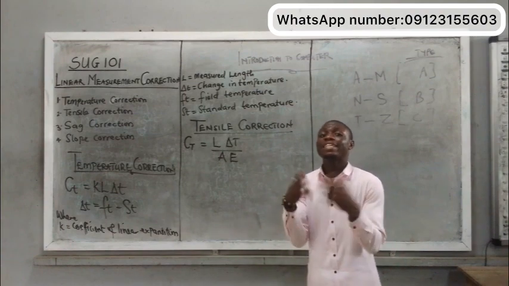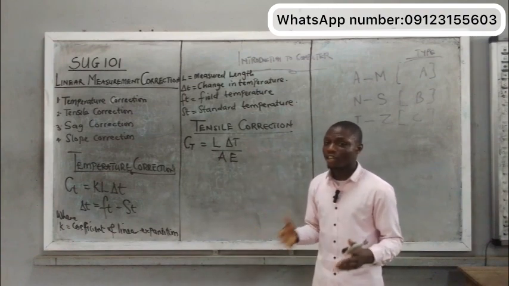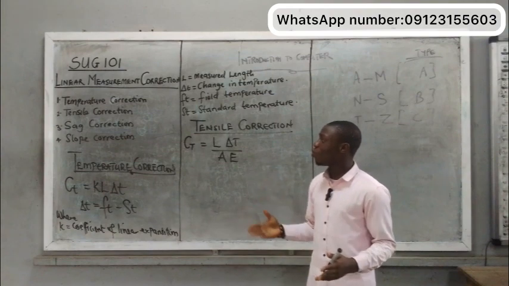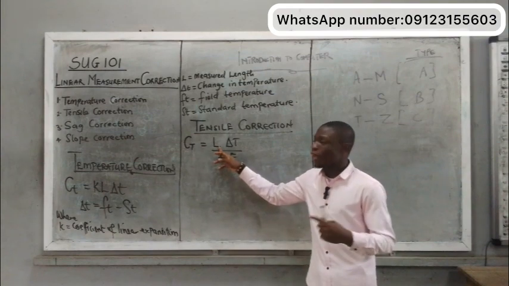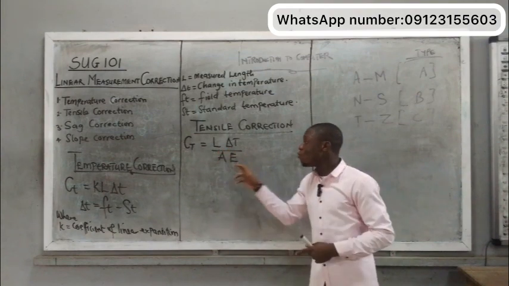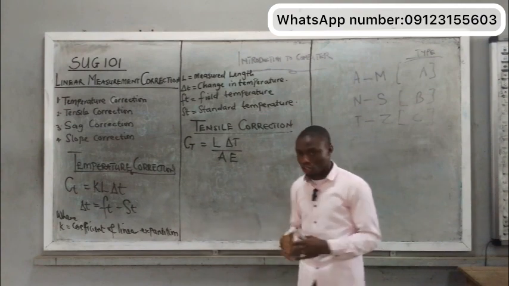So when I put a capital T, I'm referring to tensile correction, and it is equal to the length multiplied by change in tensile over area times Young's modulus.